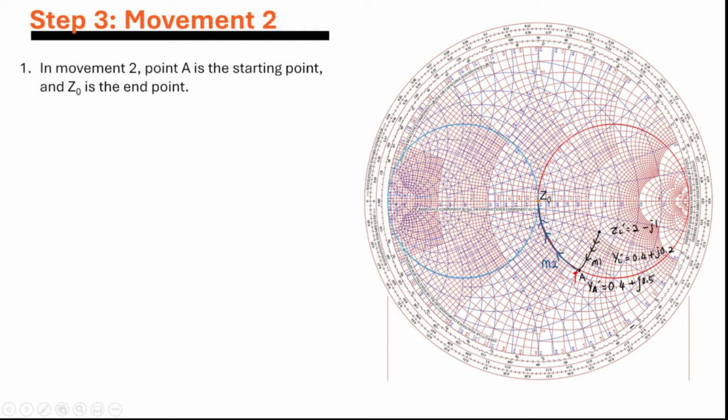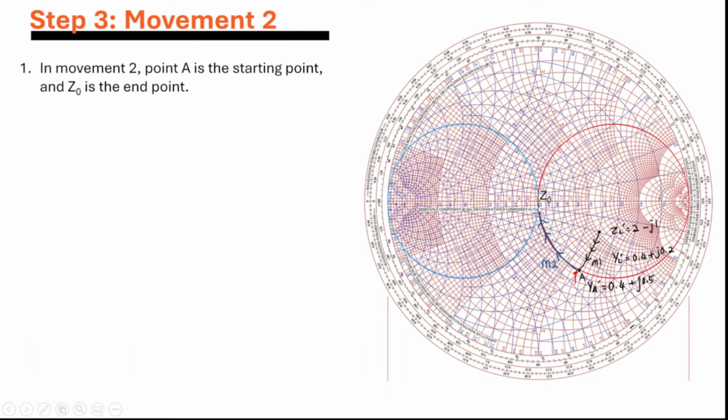Previously in movement 1, we were going on the blue circle, which is the admittance circle, the Y Smith chart. So when we found the movement, we were calculating it using admittance, or Y.